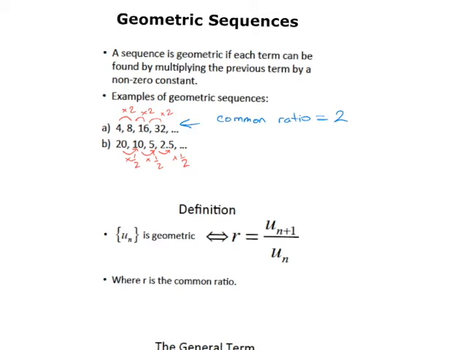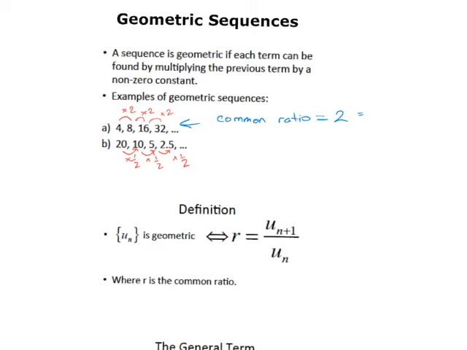Why do you think it's called common ratio? Last time it was difference, because we subtracted. This time it's called ratio because why? Alicia? It's because 4 to 8 is 1 to 2. What's another way to write a ratio technically?